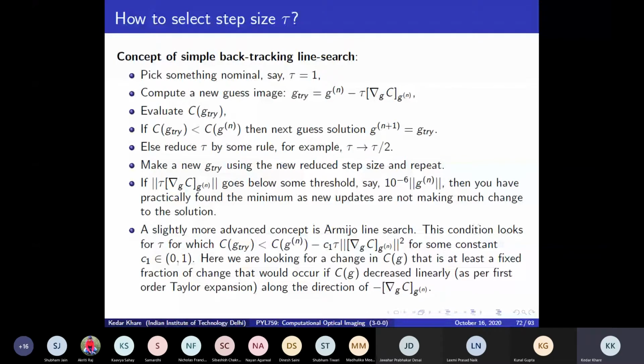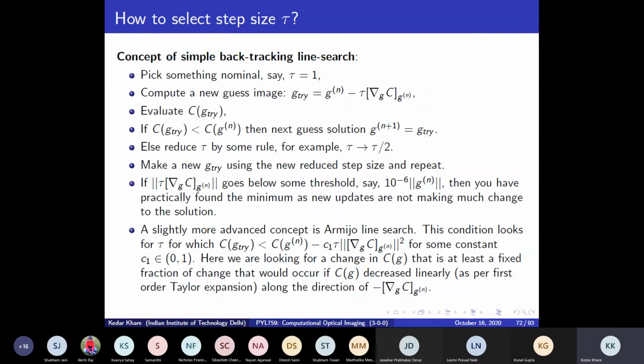And so you can say that if I calculate the norm of this quantity, tau times gradient C evaluated at Gn, and if it goes below some threshold, for example 10 raised to minus 6 times the norm of the current solution itself, then the change in the solution is practically nothing.